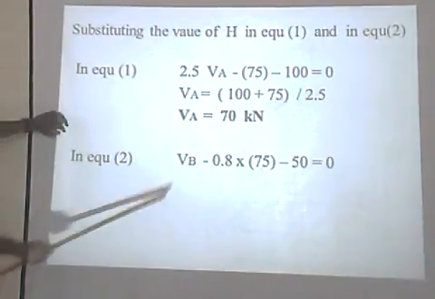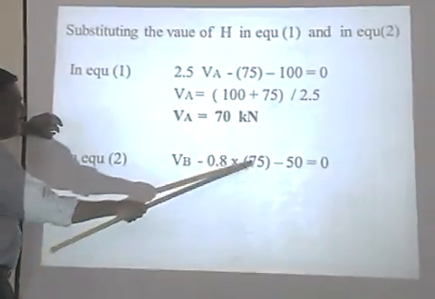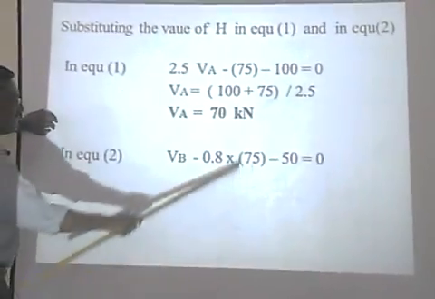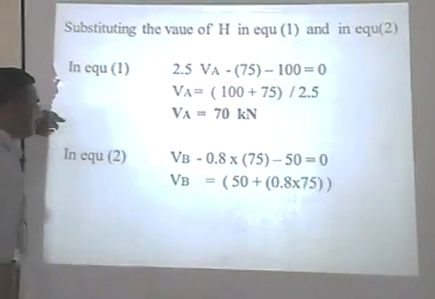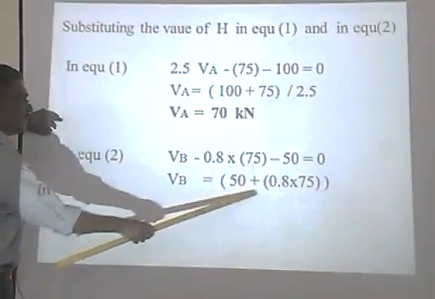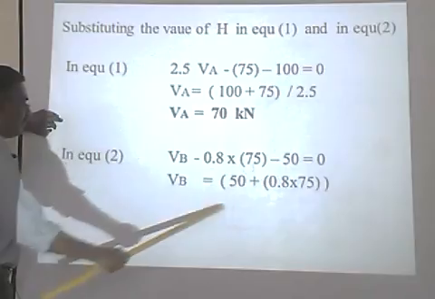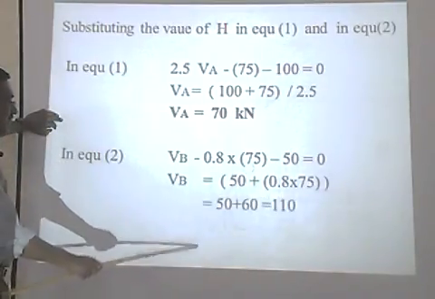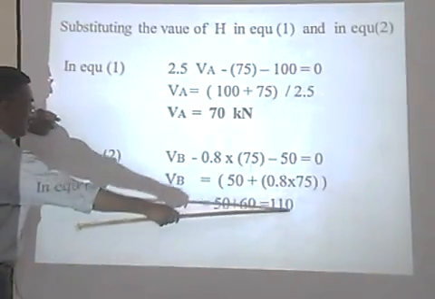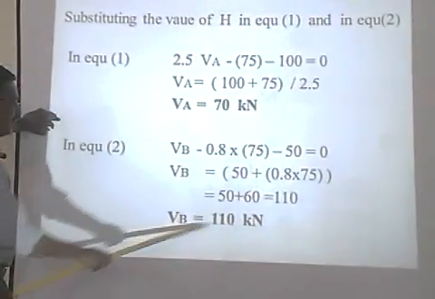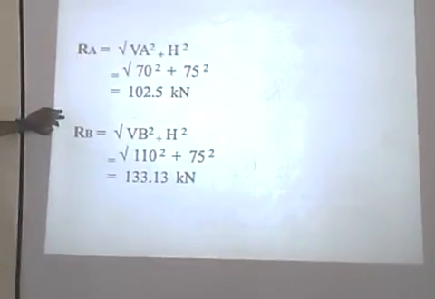From equation 2, VB minus 0.8 H, where H is replaced by 75, minus 50 is equal to 0. On further simplification, the value of VB will be found to be 110 kilonewton. So the value of VB is 110 kilonewton.